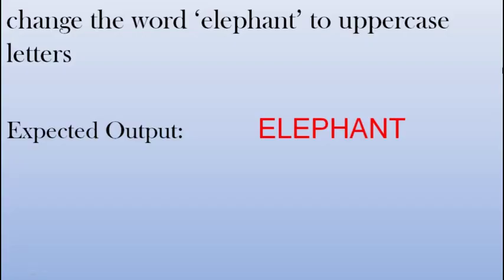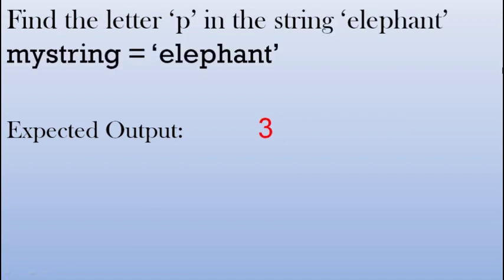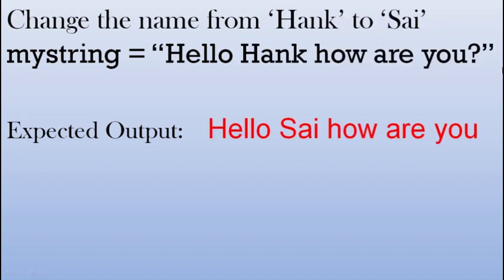Okay, time for some practice. Change the word elephant to uppercase letters. Find the letter P in the string elephant. Change the name from Hank to Si. So we have my string hello Hank, how are you, and the expected output is hello Si, how are you.